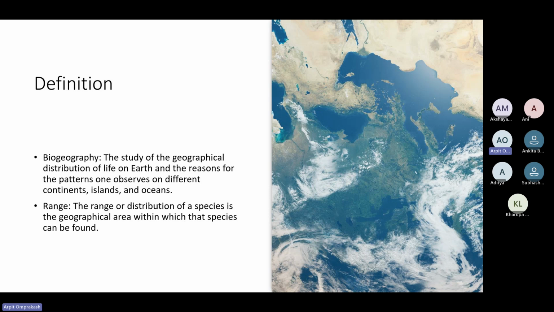So where are they found? And basically why are they found in that particular range and nowhere else. Right. So a range of a species is basically the geographical area within which that species can be found.